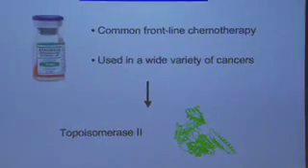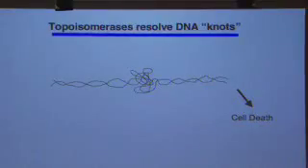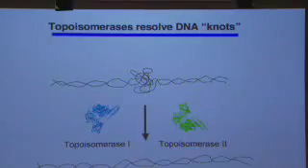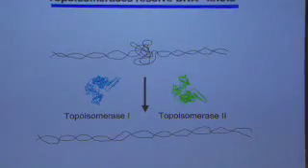So what's a topoisomerase? Well, a topoisomerase is a protein that resolves DNA knots. So if DNA gets concatenated or knotted, then you can't have proper DNA replication, you can't have proper DNA segregation, so cell division doesn't work. So our cells rely on topoisomerases like topoisomerase 2 and another topoisomerase 1 to resolve these knots to allow cell division to continue.